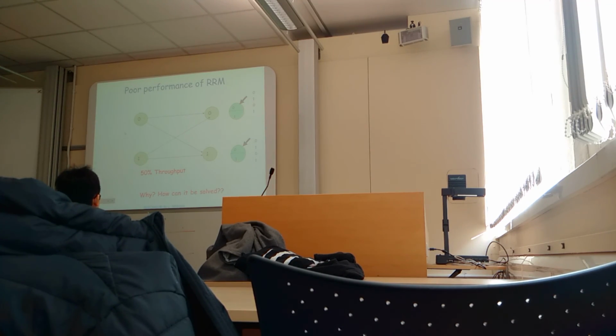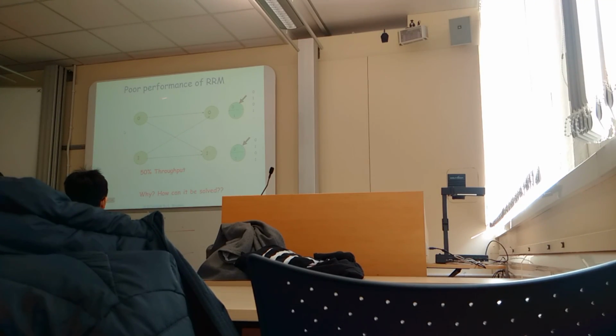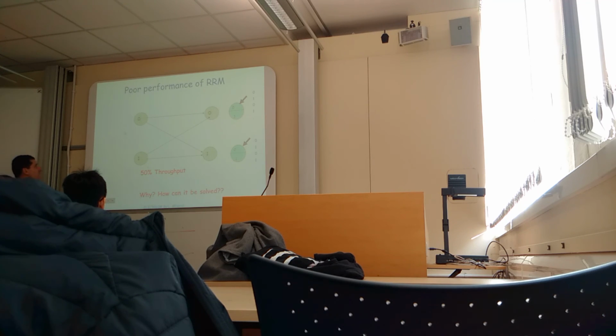Imagine we have a 2 by 2 switch. It could be 4 by 4, 8 by 8, any number. But imagine this case with a 2 by 2 switch, where each input has a queue with 2 VOQs, one going to each output.